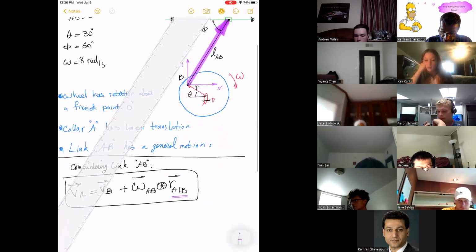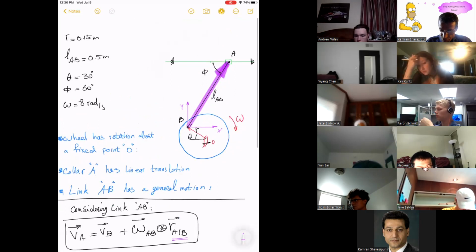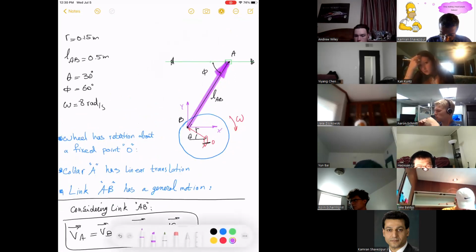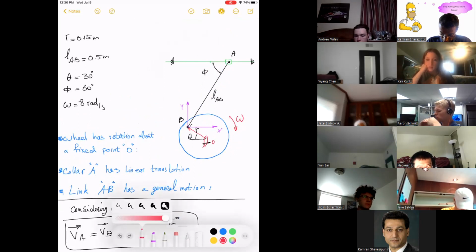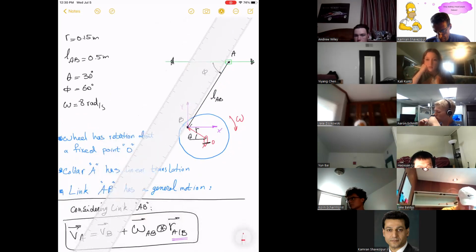Now, because these are all vectors, I'm going to have to get the vector form of it. VA, what kind of motion A has? You know what? Let me get rid of these things. I'm going to use a red color. Hopefully, I can make it a little thicker so it can show you what R A with respect to B is.